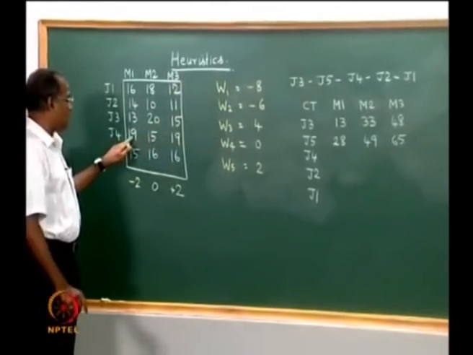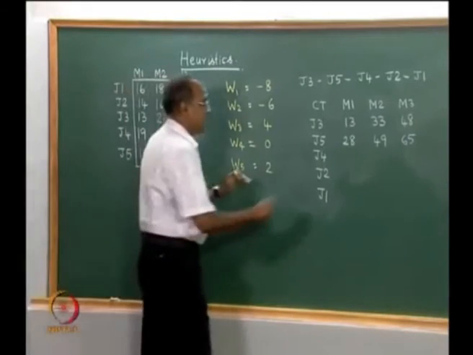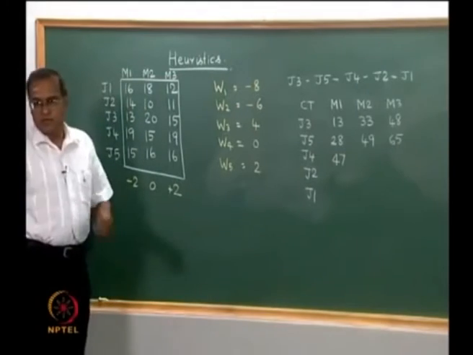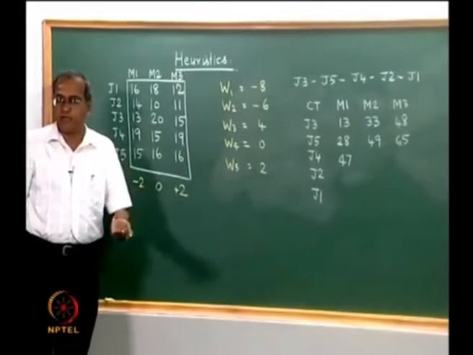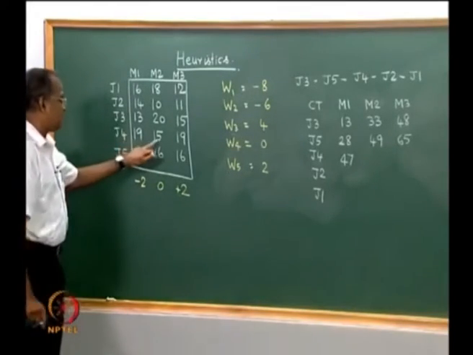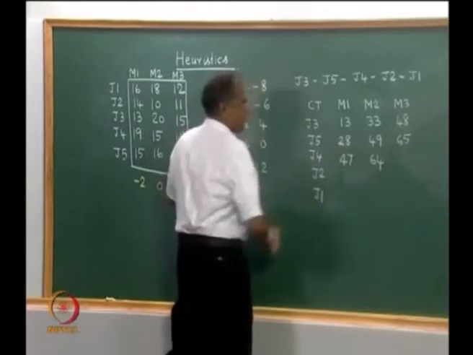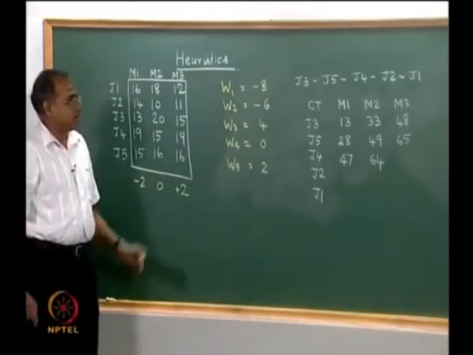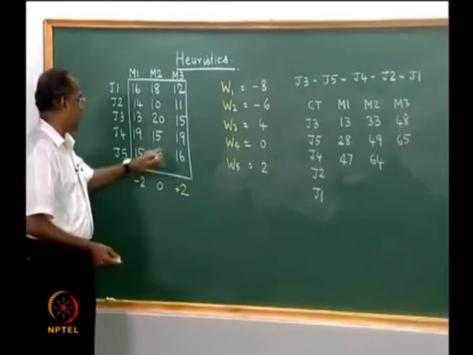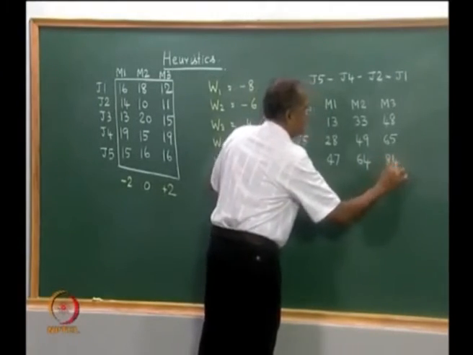J4 can start on M1 at 28, so 28 plus 19, it finishes at 47. M2 is available only at 49, so it waits till 49, visits M2, takes another 15 units, finishes at 64. M3 is available only at 65, so goes to M3 at 65, takes another 19 and finishes at 84.